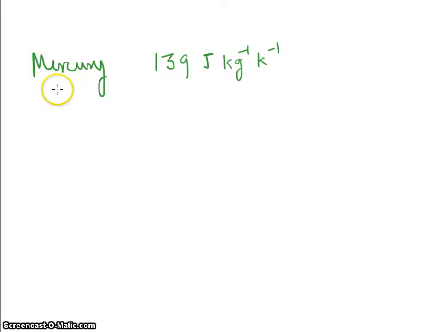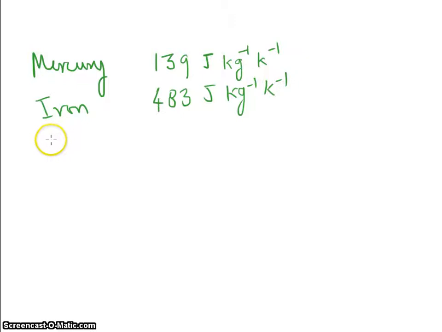For iron, it's approximately 483 joules per kilogram per Kelvin. For glass, it is 504 joules per kilogram per Kelvin.